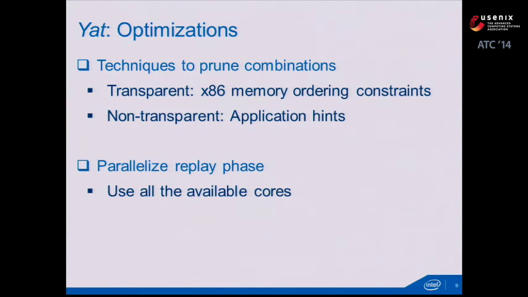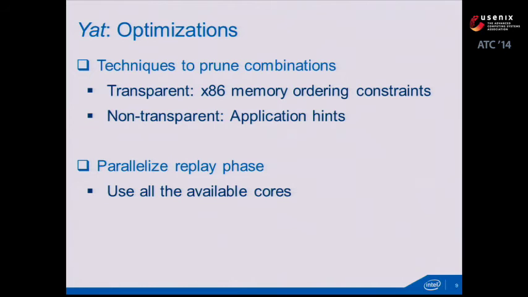Remember that we are seeing the writes at a very fine granularity, probably at 8-byte granularity, so the number of combinations grows really fast. So for such operations where there's not much value in reordering, the application can provide hints to skip the reordering for those operations, and yat does that.